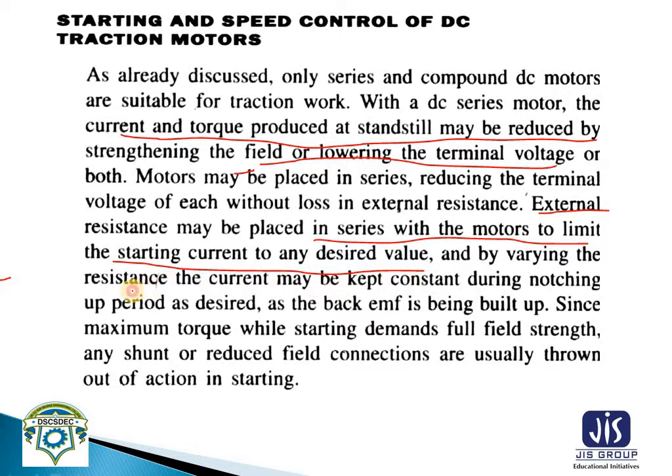So we will vary the resistance and the current will be kept constant during the notching up period as desired, as the back EMF is being built up. Since the maximum torque while starting demands full field strength, any shunt or reduced field connections are usually thrown out of action in starting.